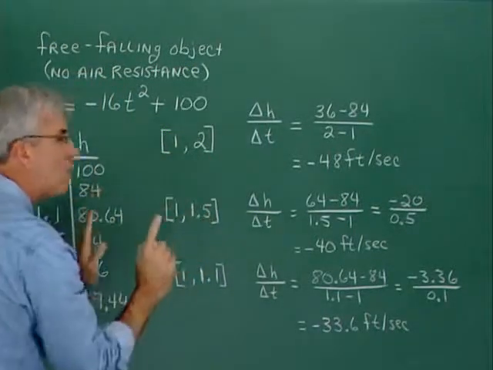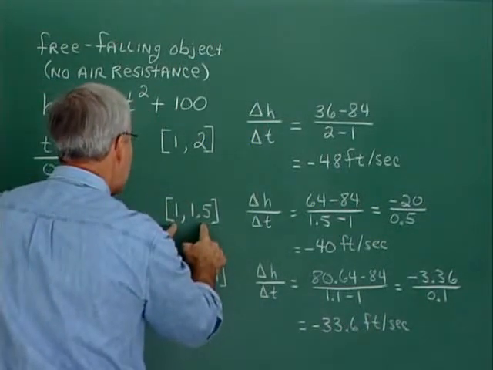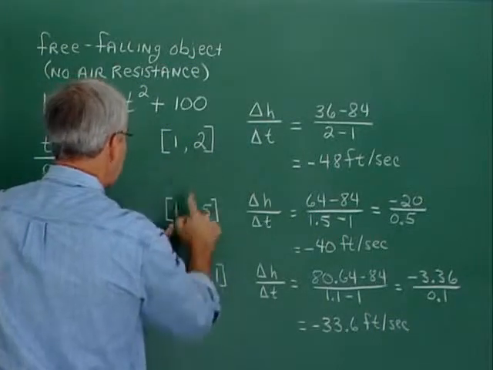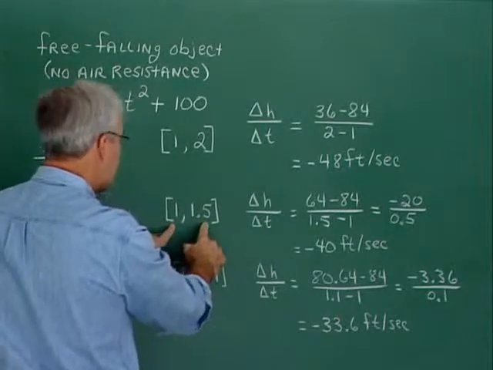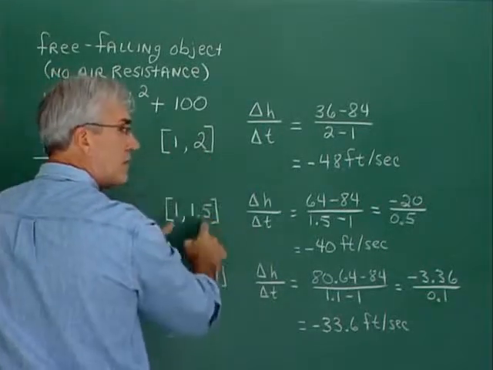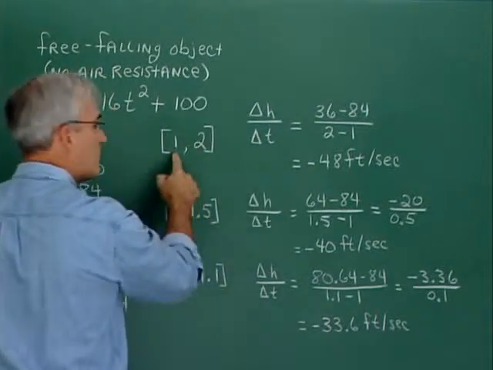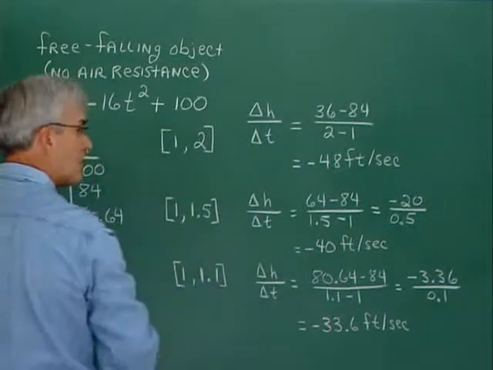Now, how might we think about it should change if we narrow the interval from the same point? You see, from 1 second to 2 seconds, this is from 1 second to 1.5 seconds. Are we going to get an average velocity that is slower or faster than this? Well, it turns out that at 2, it's going much faster than it was at 1. The average velocity here is going to be higher than the average velocity here.